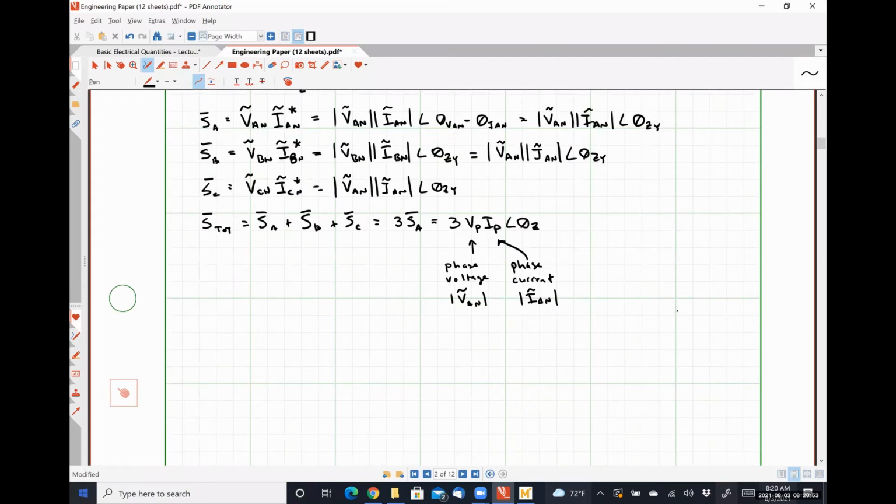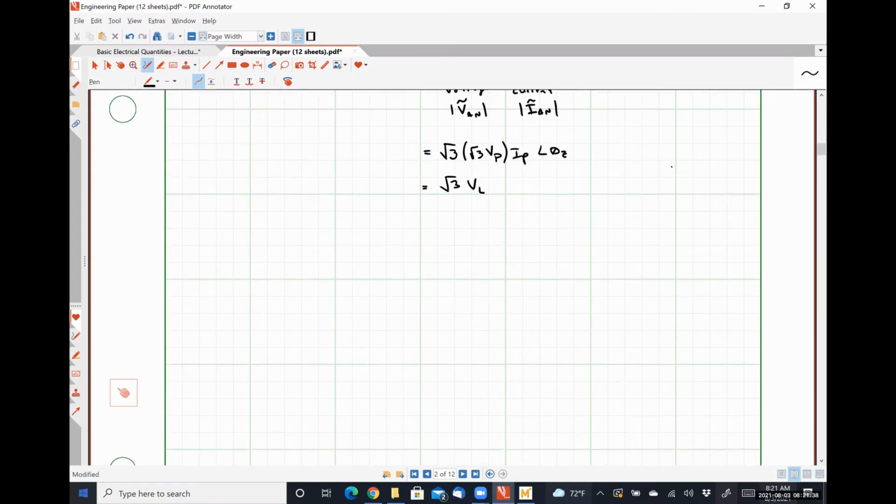So I could say alternatively that this is going to be square root of 3 times square root of 3 VP times IP with an angle of theta Z, where square root of 3 VP represents VL, the line voltages. So I'd have square root of 3 VL, and in a three-phase system with a Y-connected load, what's the relationship between the phase currents and the line currents? Let me draw a little picture here real quick.